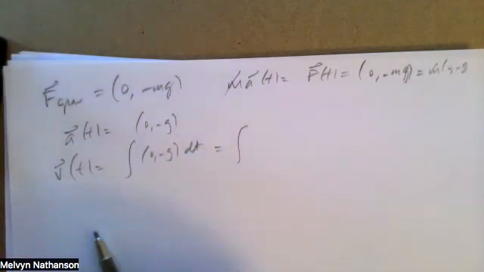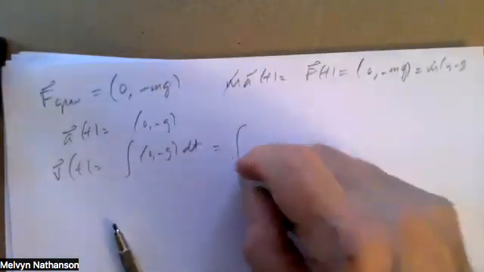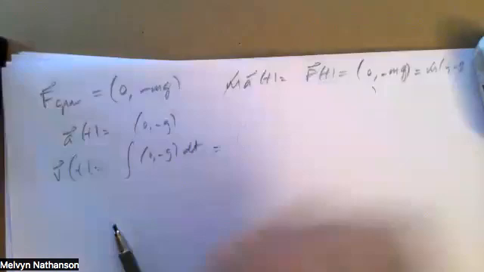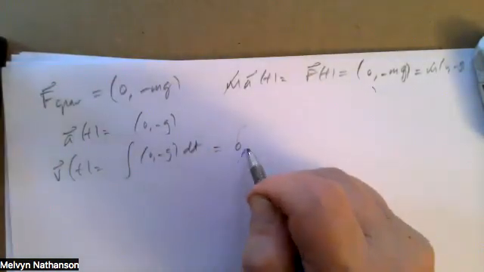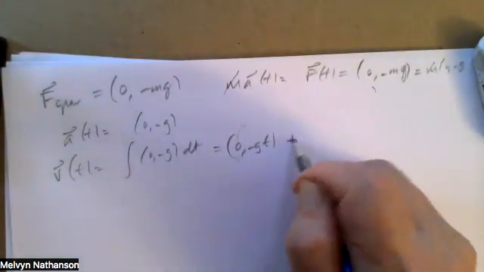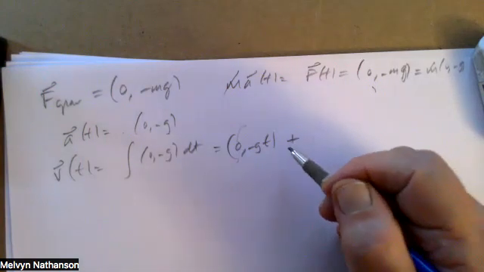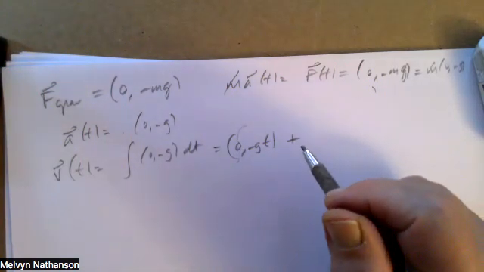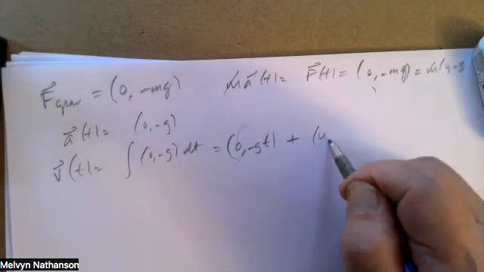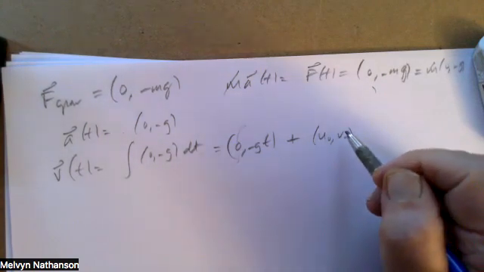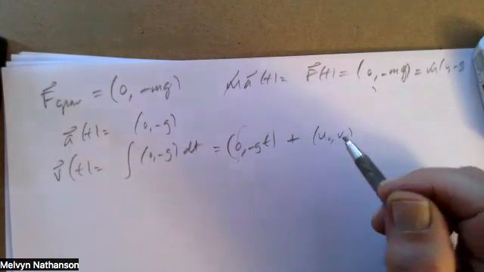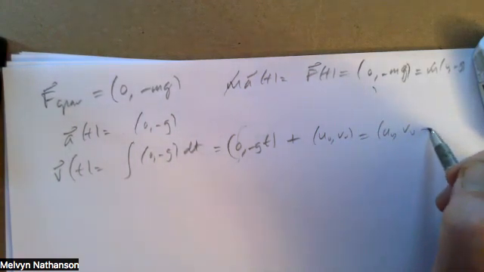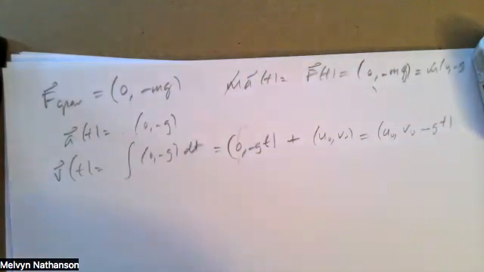Which is 0 comma minus gt plus a constant. Let me write this constant as u0, v0. So this is equal to u0, v0 minus gt.